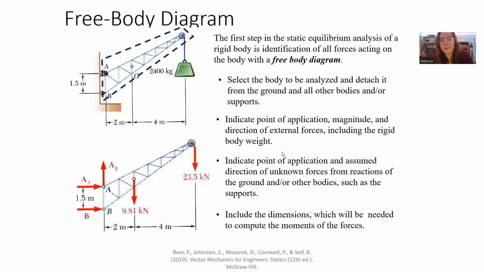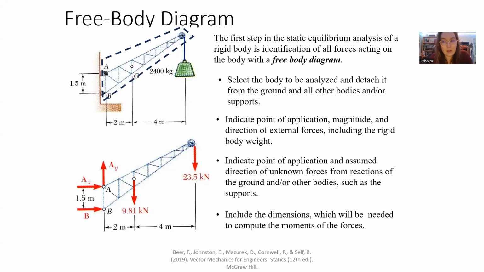A hint for approaching this: once we have this, we can go in with our equilibrium analysis. One hint is that when we analyze our moments, if we pick a spot that has multiple forces going through it, any force whose line of action goes through the spot we're analyzing will have a moment impact of 0 due to 0 perpendicular distance.